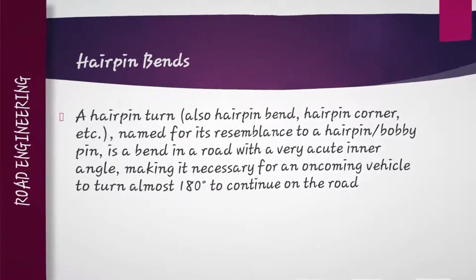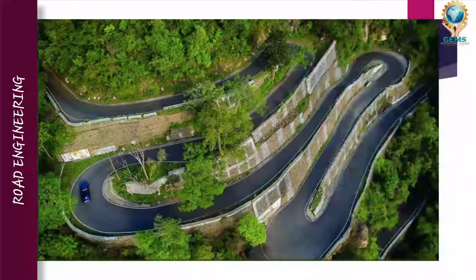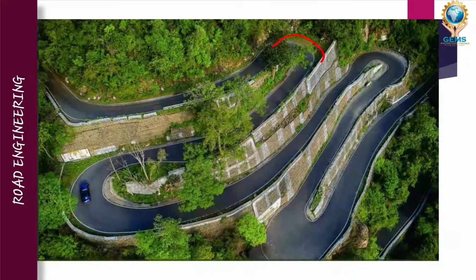As you can see in this image, this is the hairpin bend, so at the corner we should give extra widening, so this will give proper movement of vehicles, and this will give proper safety to the vehicle as well as to the driver.